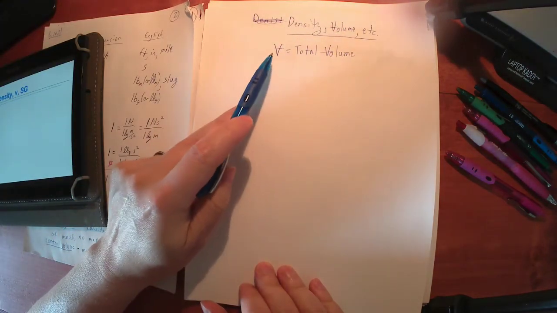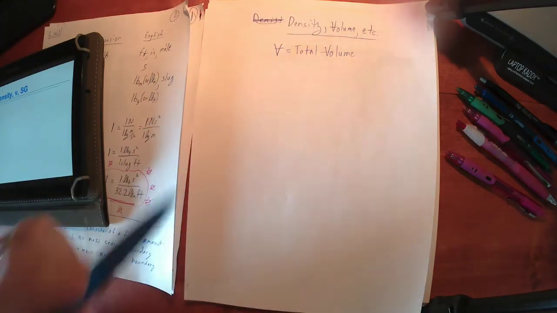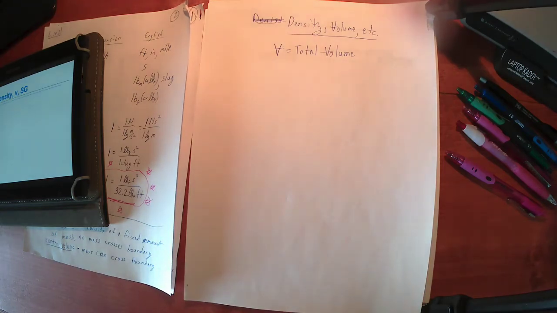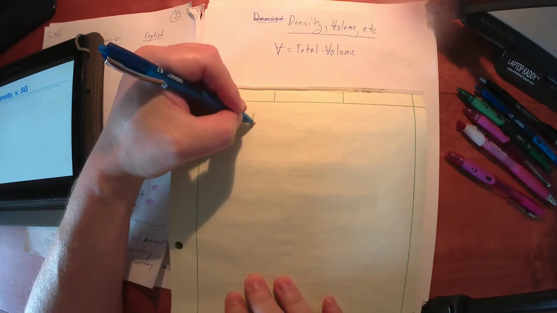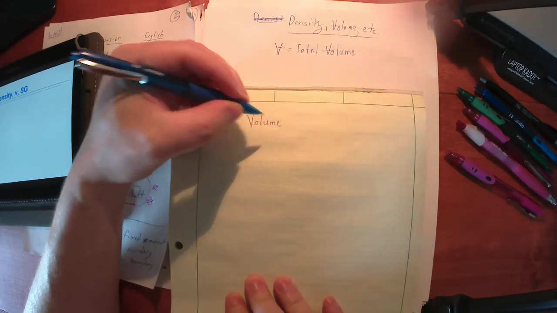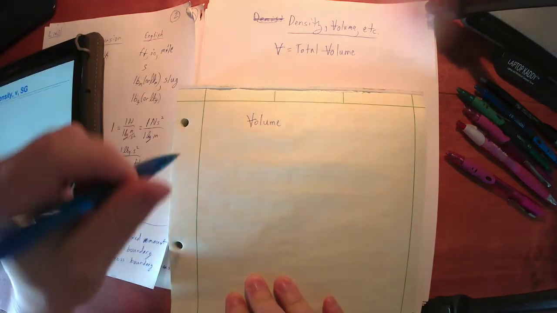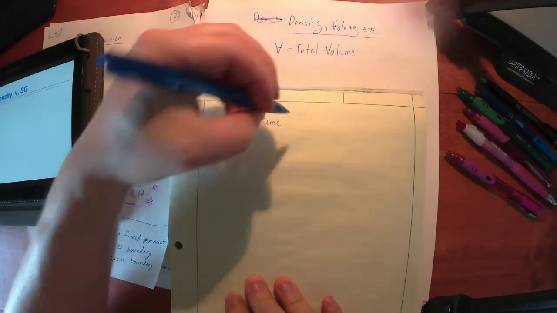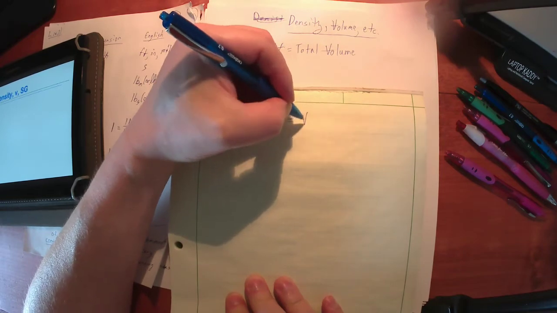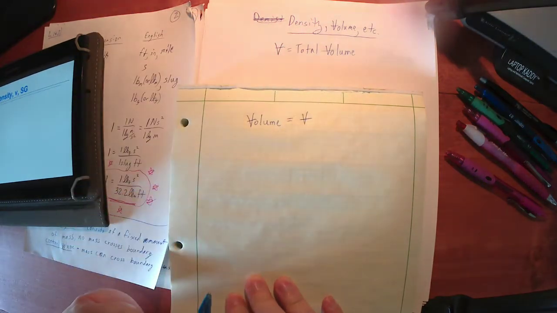Okay? Now, this is what I do to distinguish volume. Why am I doing that? Well, here's the thing. What I would normally do is, and you might even just on a separate sheet of notes, write these things. You're going to see these a lot. Volume: I put a capital V with a cross through it.